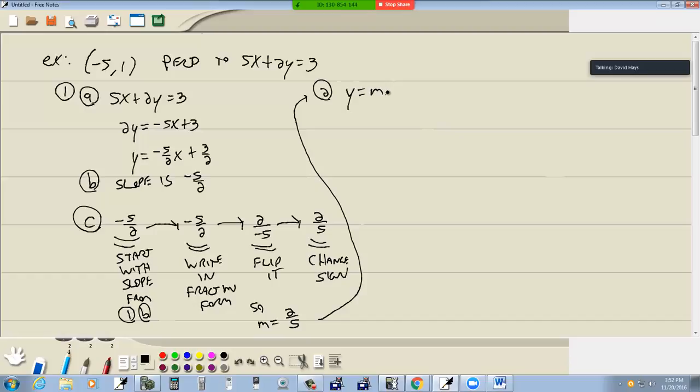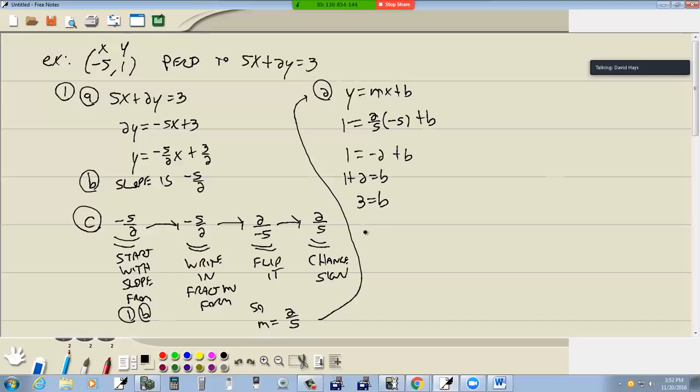So then step 2. Plug in the x and y. This is x and this is y. So we got 1 equals m, which is 2/5, times x, which is negative 5, plus b. Now this 5 is going to cancel, so we got negative 2 plus b. Take negative 2 over, becomes a positive 2.